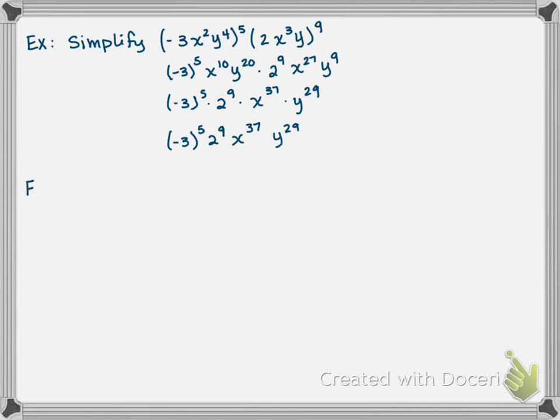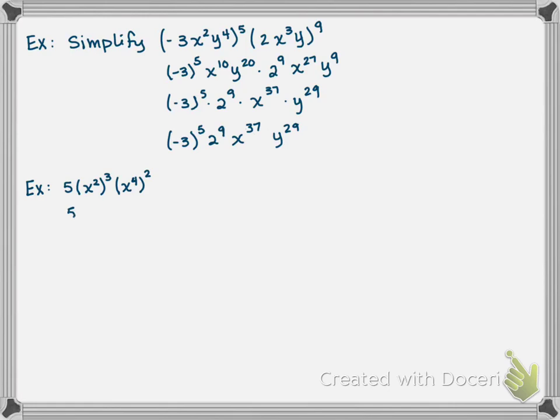So how about this one? We'll do 5, x squared to the 3rd, x to the 4th squared. How many factors of 5 do I have? Just 1, right? Because it's not in the parentheses.